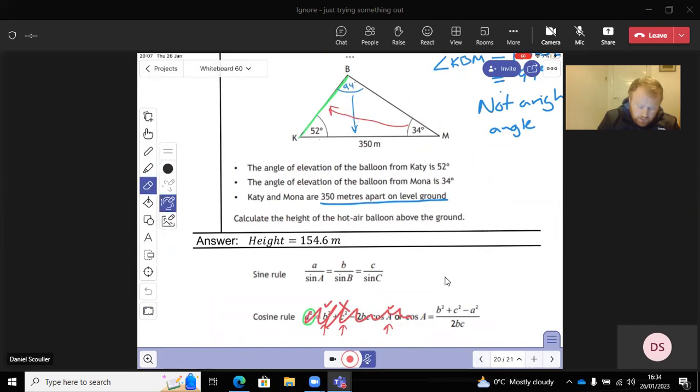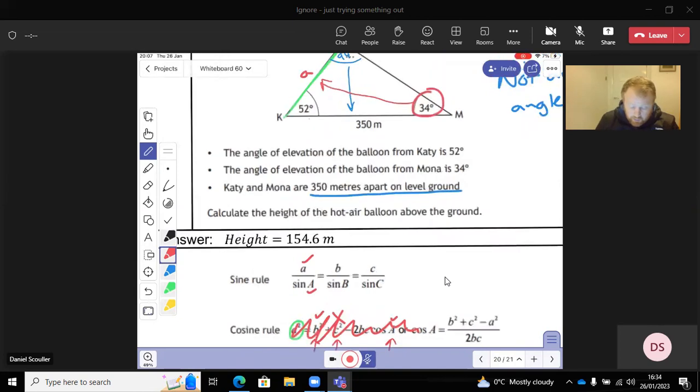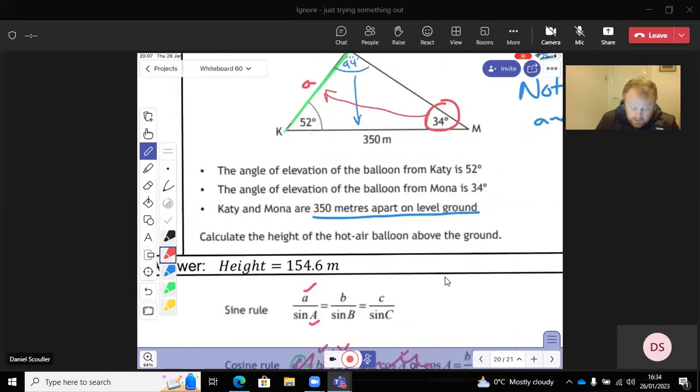Now this time, let's look at what we have. We're missing a side, so we're looking to find a side we'll call A. Have we got that angle opposite it? Yes. In this case, it's our 34. So the missing side plus the angle.